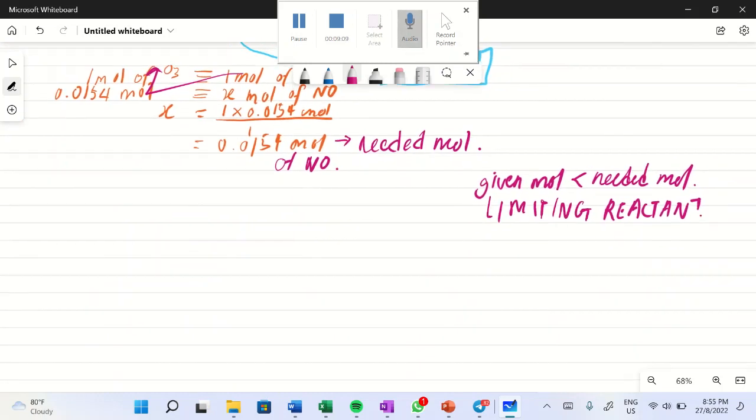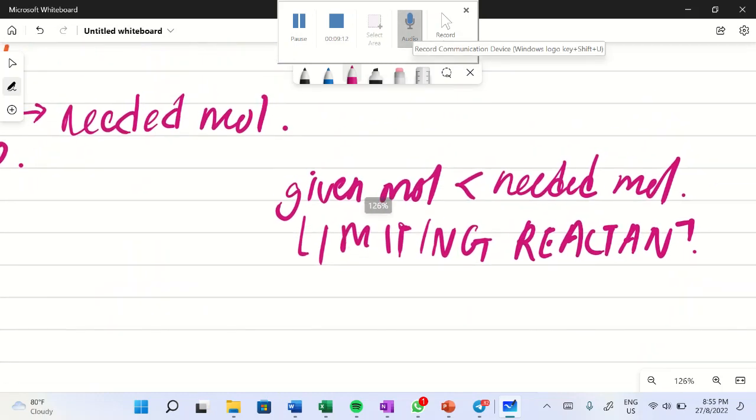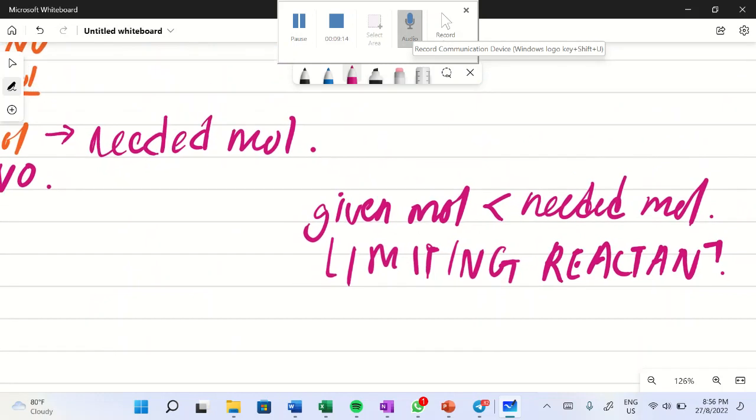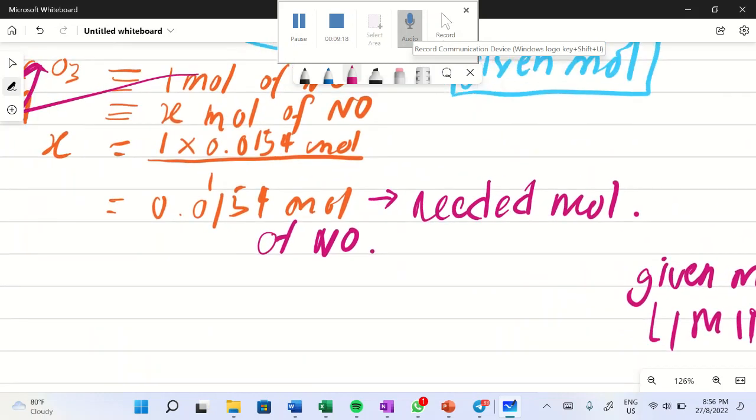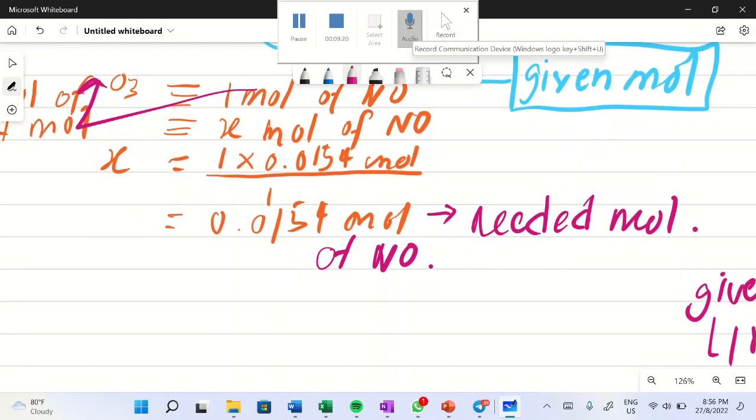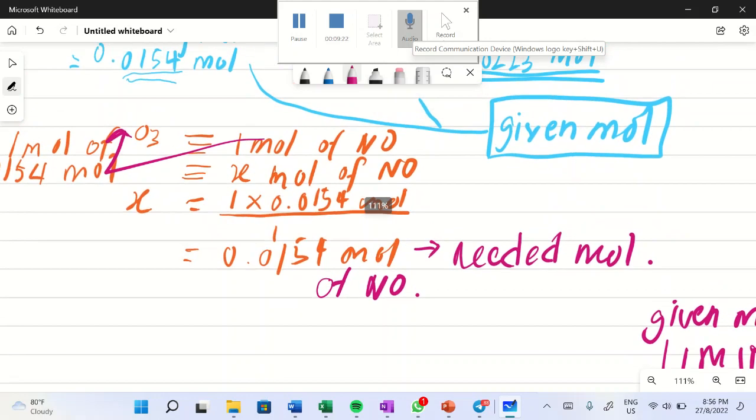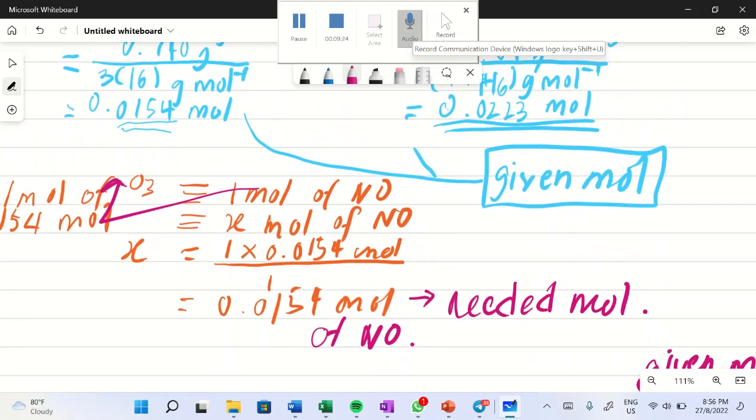Got it? If given mole is lesser than needed mole, you will get the limiting reactant. So needed mole here is 0.0154 mole.